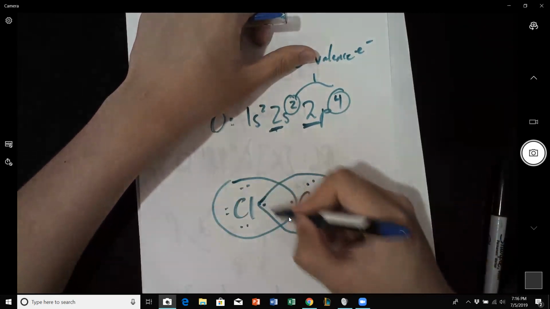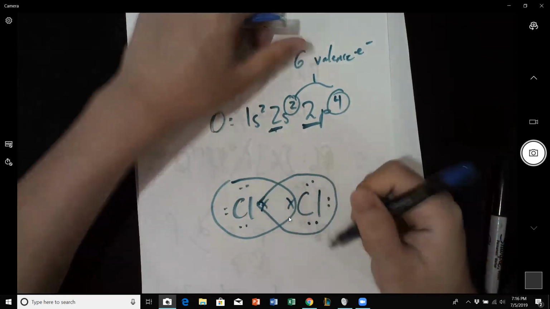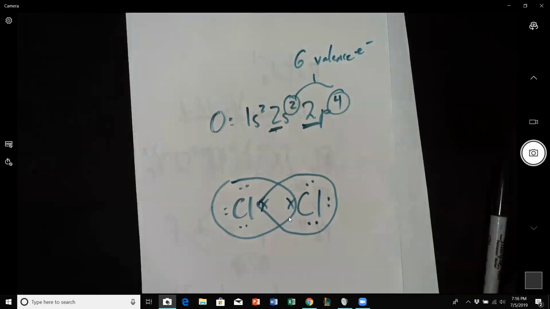So these 2 electrons form the bonding pair. Do we have any questions about that? I'll give you a second to draw this in your notebooks or whatever.